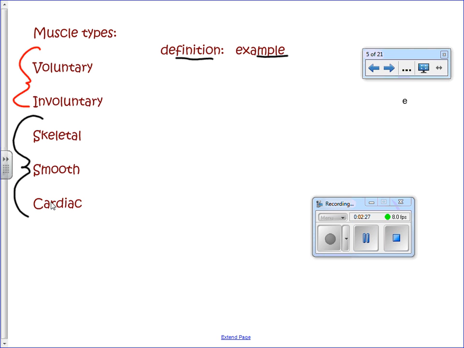Voluntary muscle, involuntary muscle. Which is which? What do these mean? Okay, so voluntary, you control by thinking about it. You volunteer the muscle. You say, okay, move my arm.